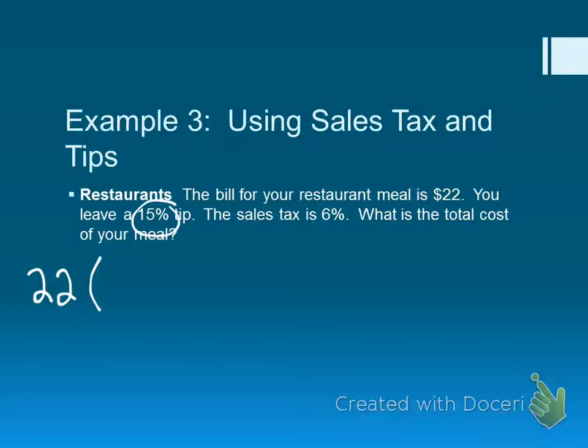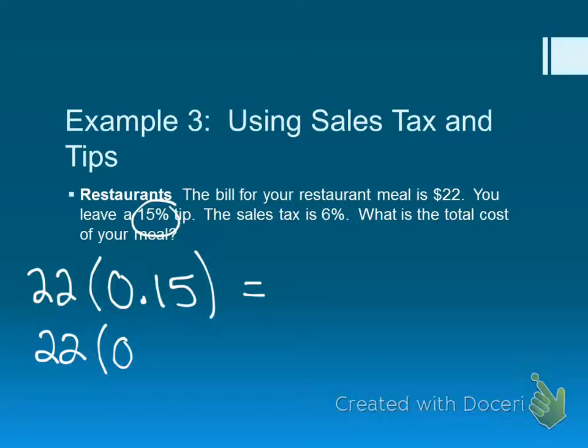What do you do to your percentage? Change it to a decimal. Figure out that amount. Then you're going to take your food bill, and you're going to multiply it by the tax percentage. So what's 6% as a decimal? 0.06. Don't forget that extra 0, because otherwise it would be 60%.